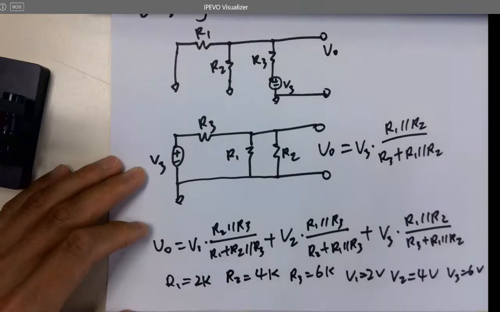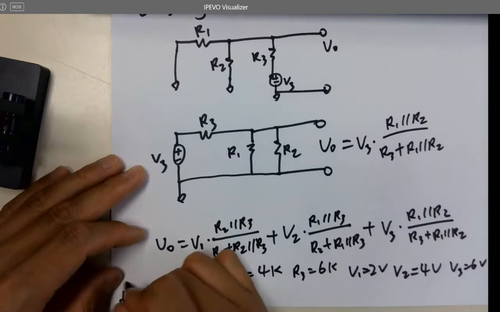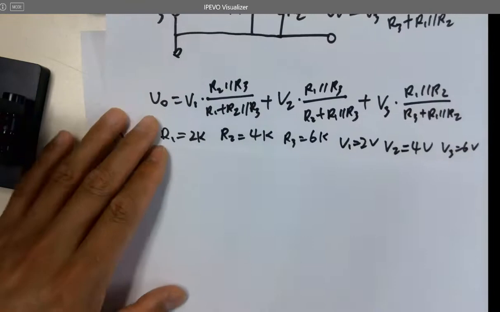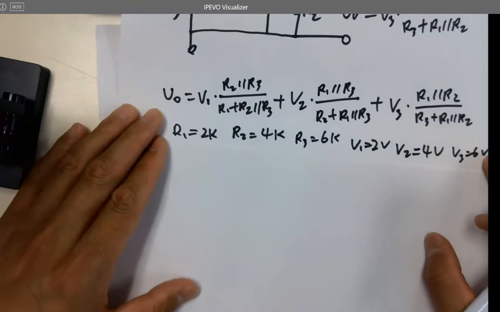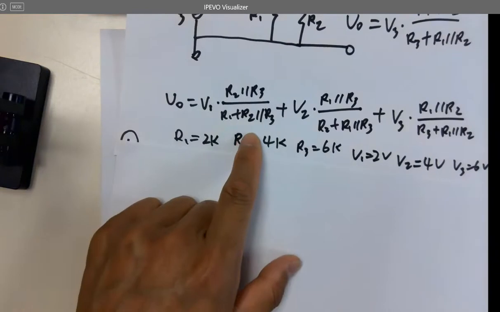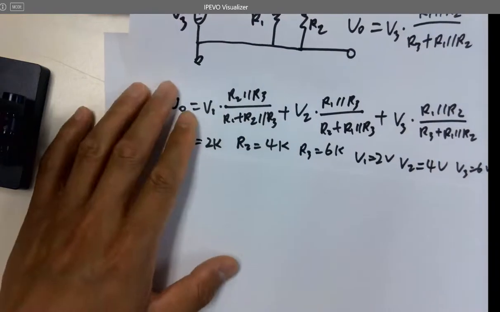Let's just plug in and see what's the result. Let me double check if the equations are right. I will directly give the result instead of calculating it. Waste of time.